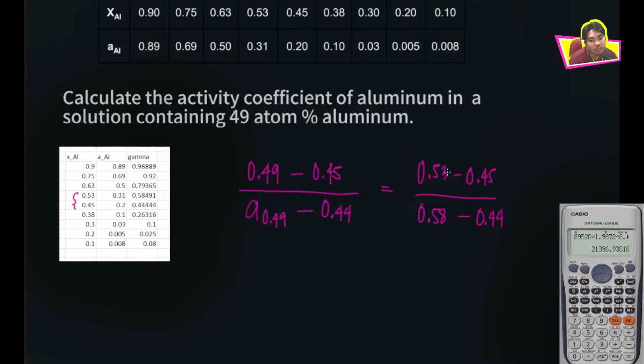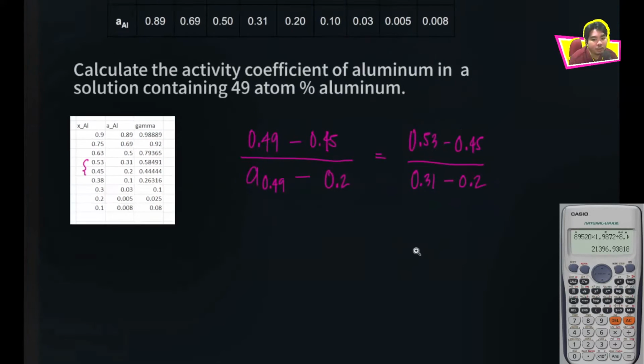So 0.53 minus 0.40, and this is 0.31. Kumbaga magko-compute tayo ng activity. Activity at 0.45 is 0.2. Tapos 0.53 minus 0.45, and activity nito is 0.31 minus 0.2.